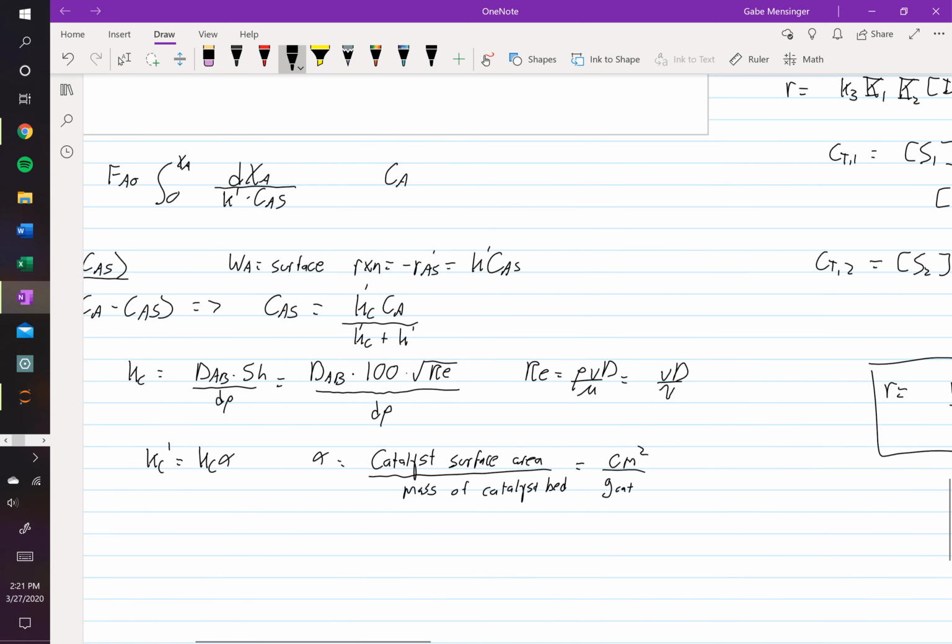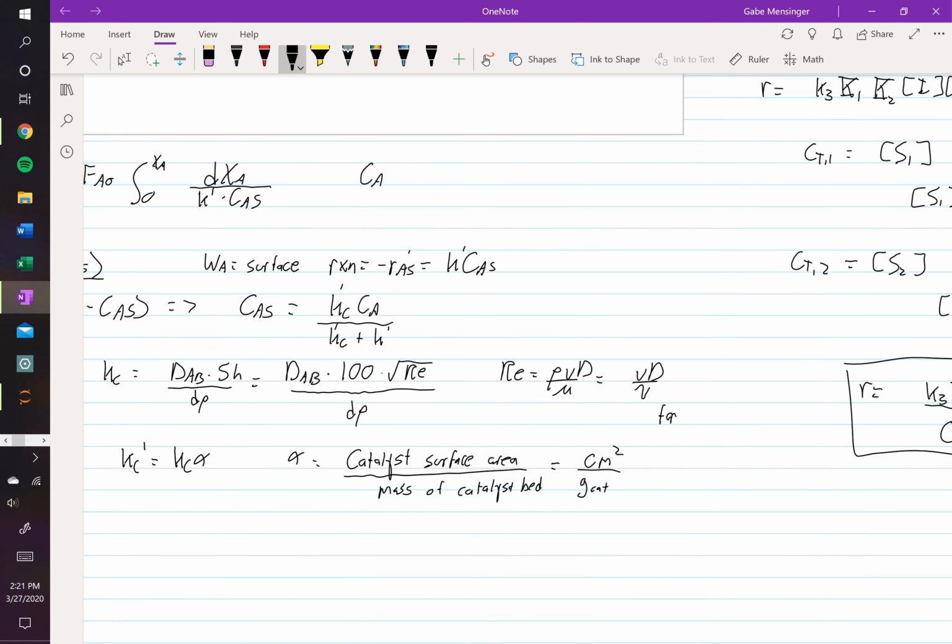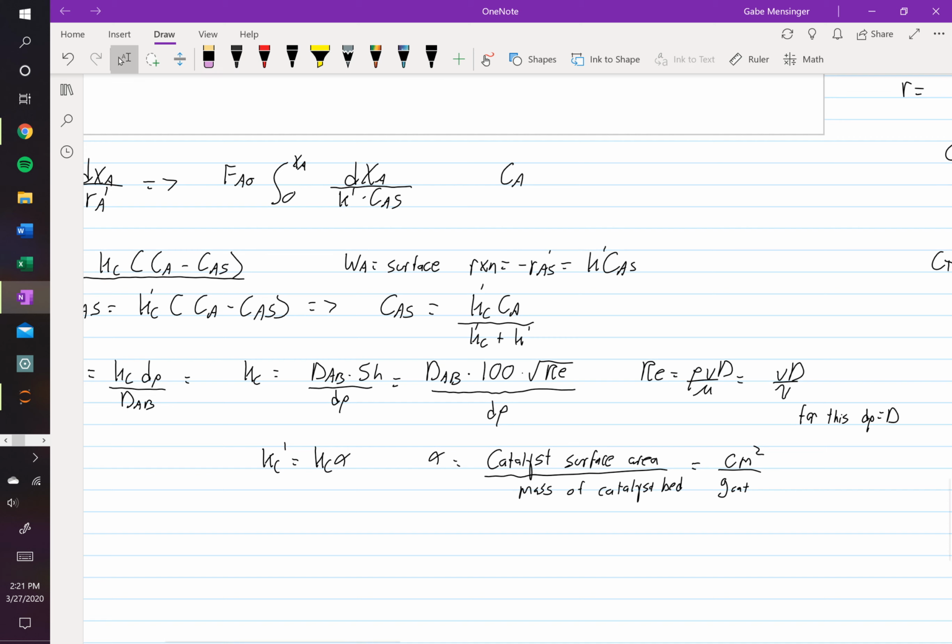So, let's write for this, dp is equal to d. I don't think you're given any other diameters. Yep. So that is a particle Reynolds number, so it is based off of the diameter of that particle. Okay.